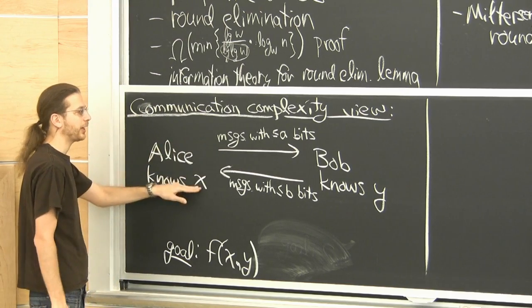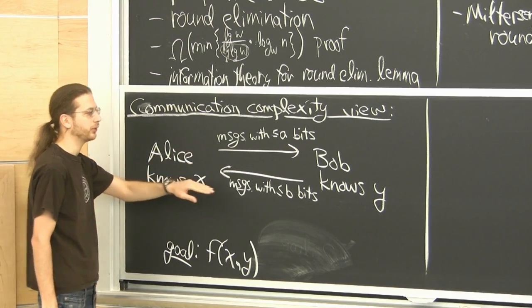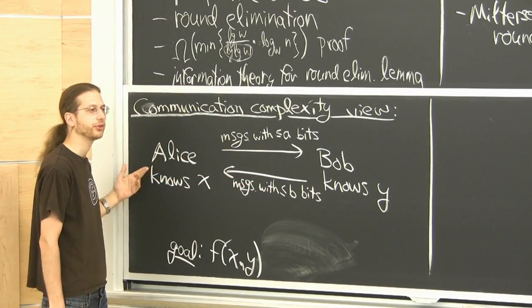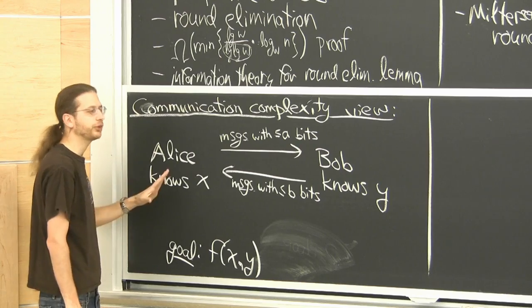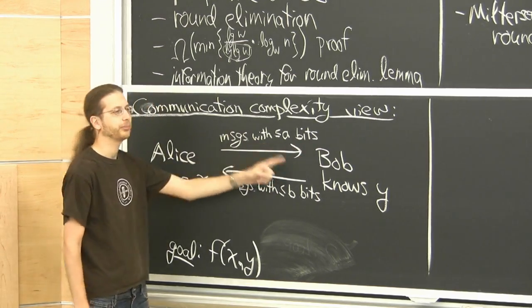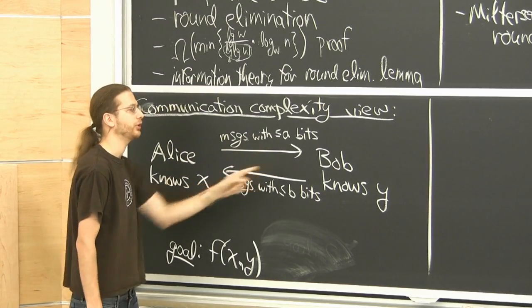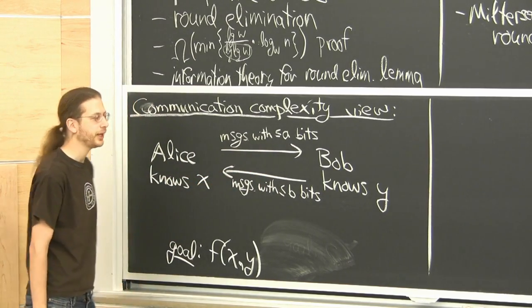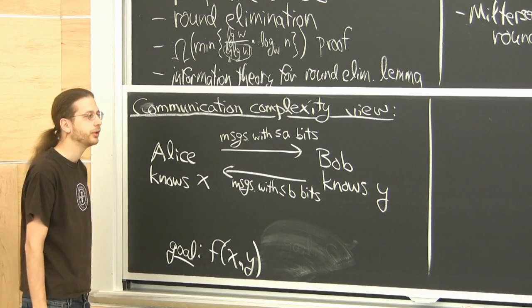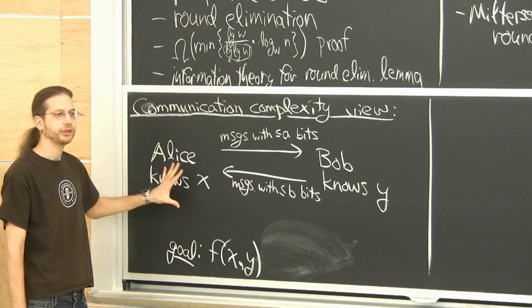Potentially x is much larger than a, and/or y is much longer than b, and so you're going to have to spend many messages. Let's restrict to protocols of the form Alice talks to Bob, then Bob talks to Alice, and back and forth. So rounds of communication. Then you want to know how many rounds it takes to compute f of x, y. And of course it depends on f. That's the totally generic picture.